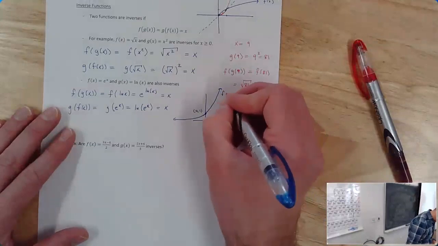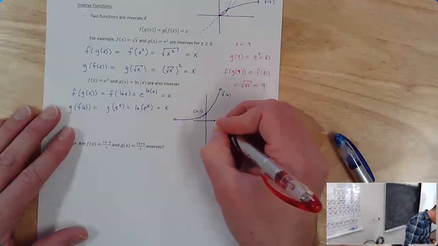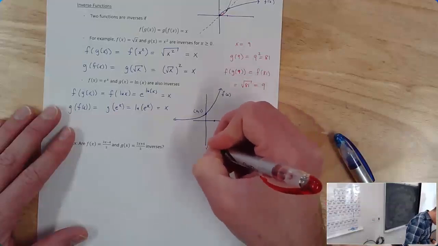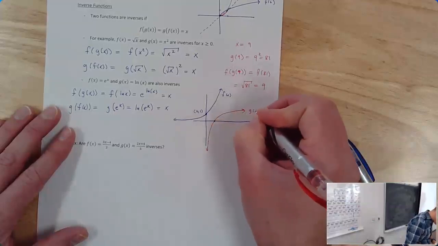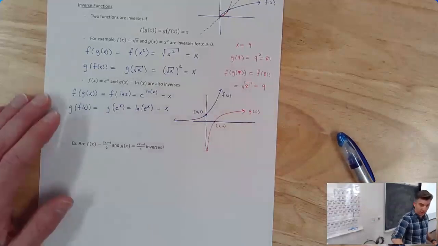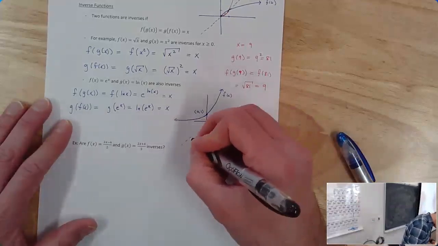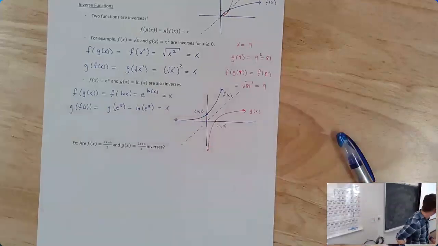So here's f of x, and then natural log of x goes through the point 1, 0. Looks like this. There's definitely the symmetry that we're talking about. You reflect these in the line y equals x, as long as you've drawn them decently, they look like mirror images of each other.